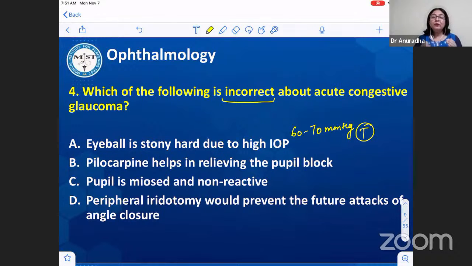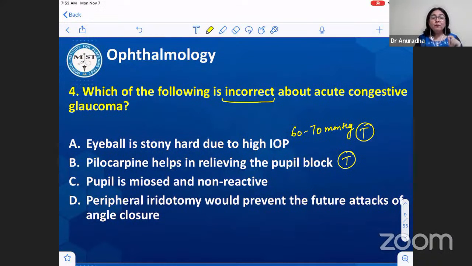So you want the pupil to become smaller, constricted, myosed. That is why we use pilocarpine eye drops. So yes, this is the right statement. To break the attack of pupil block, to break the attack of acute angle closure glaucoma, we give pilocarpine.